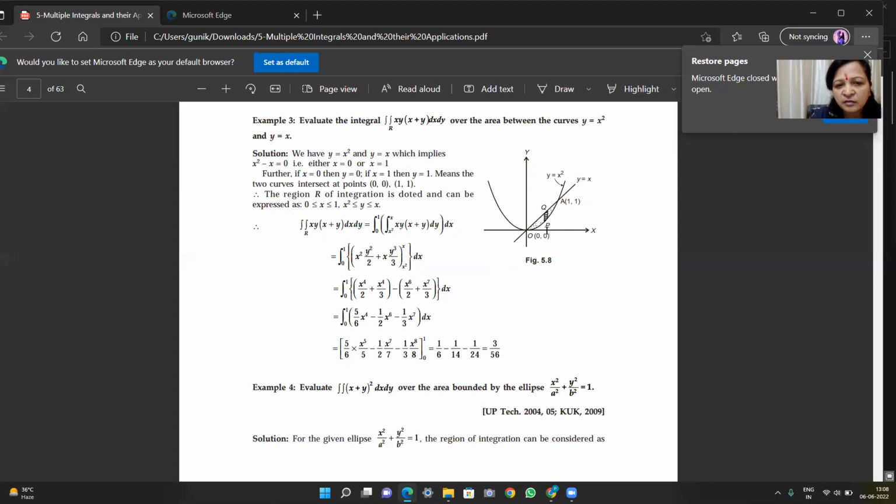So the value of y varies from y equal to x square to y equal to x. So in this case, for the purpose of integration, we have x lying between 0 to 1 and y lying between x square to x.